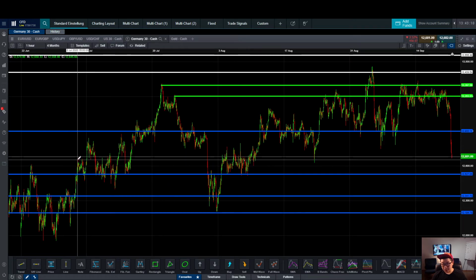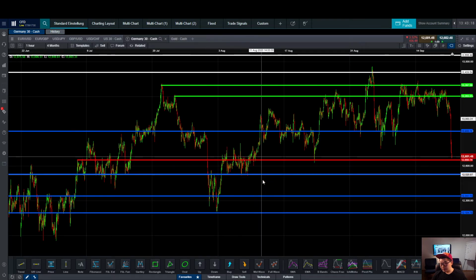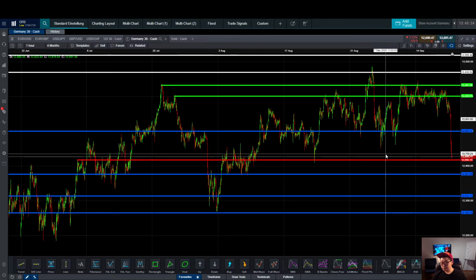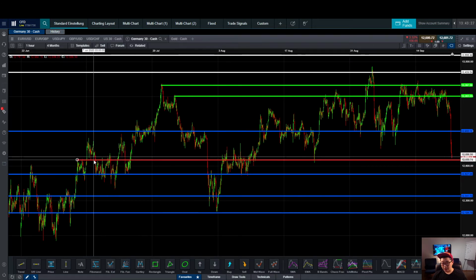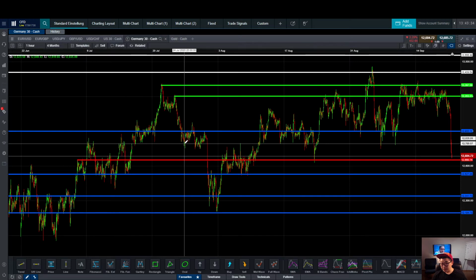So in the 1 hour we have this area, and I'm just going to mark it red. Red is, for the moment, a support level for my 1 hour. And then there's one more, which I mark right about here. So this area.